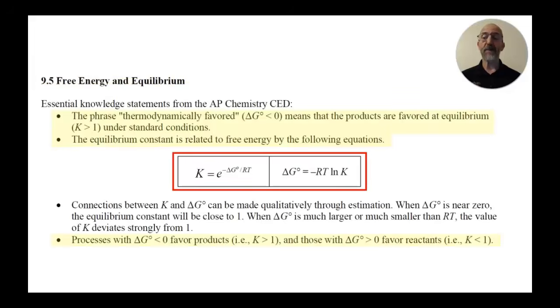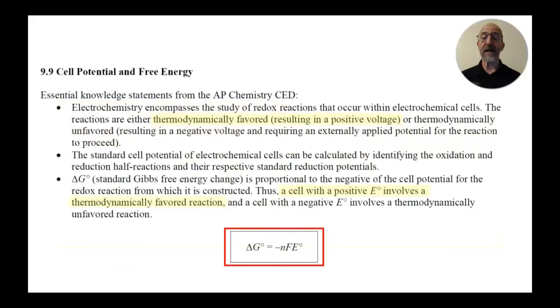From topic 9.5, free energy and equilibrium, the phrase thermodynamically favored means that delta G is negative, and the products are favored at equilibrium under standard conditions where K is greater than 1. And for topic 9.9, cell potential and free energy, a thermodynamically favored reaction results in a positive cell potential.